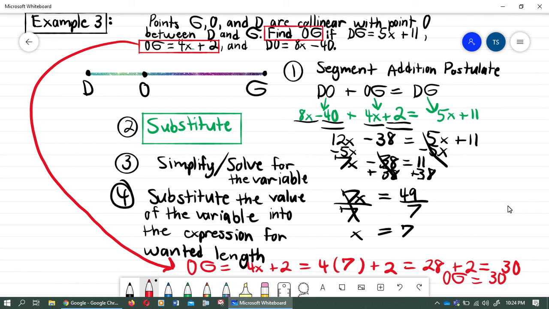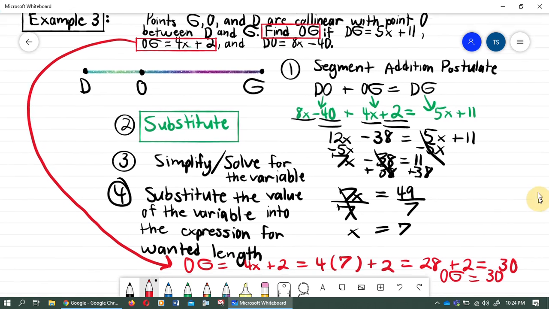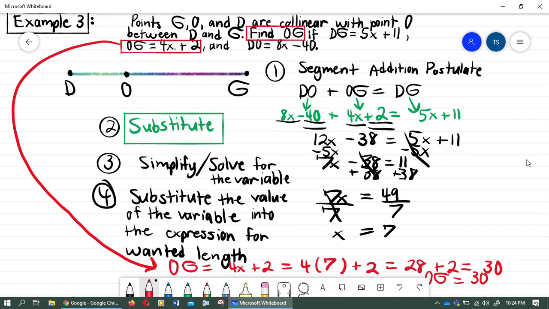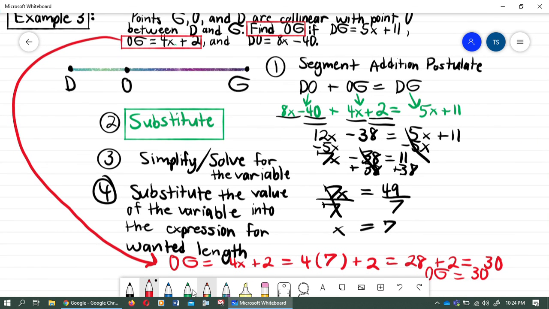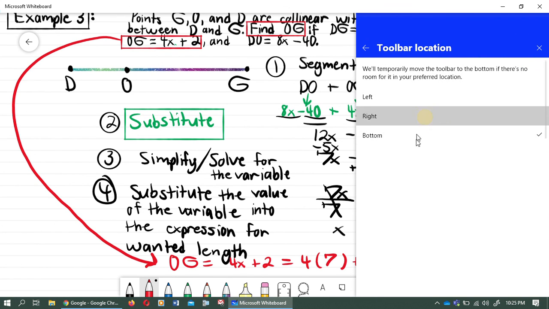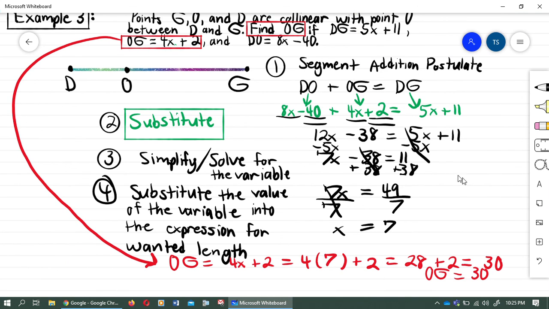Now guys, sometimes, depending on what type of practice you're doing, when you're given variable expressions, they won't just ask you to find the length of one of these segments, like OG.